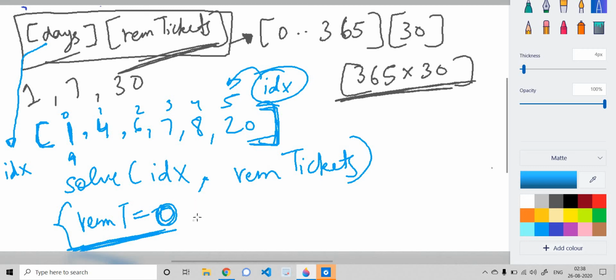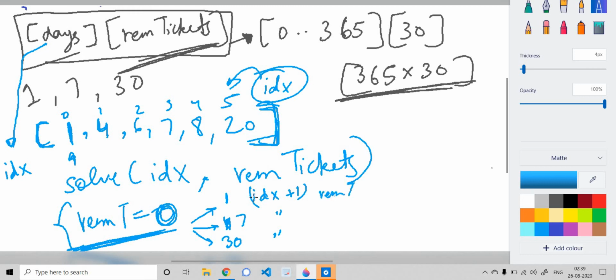And there are three choices we have. We can buy a 1-day pass, 7-day pass, or a 30-day pass. Then we will add the cost of these passes respectively and call the recursive function on the index IDX plus 1, similarly here, and update the remaining tickets as well.